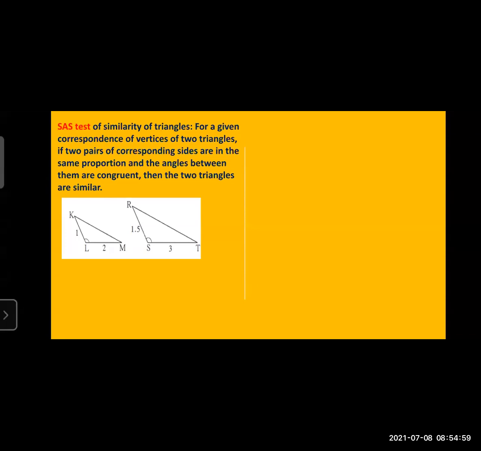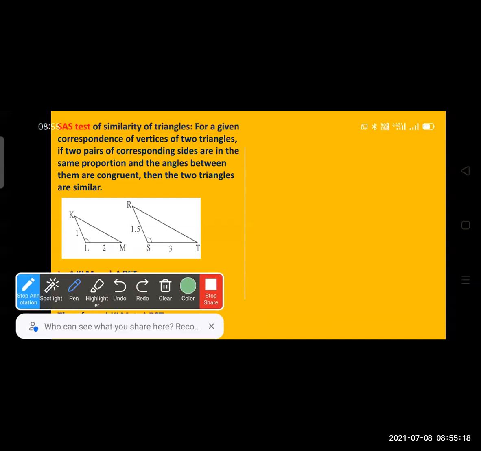So see in the figure, there are two triangles KLM and RST. Here they say that if two pairs of corresponding sides are in the same proportion, we discuss the corresponding pair KL by RS, that is equal to 1 by 1.5.